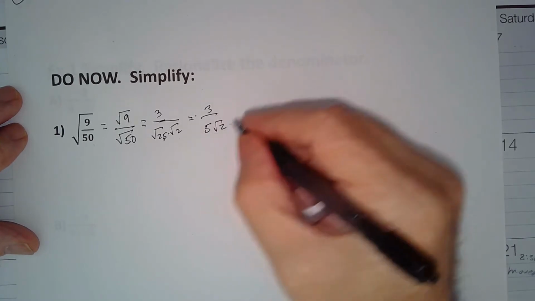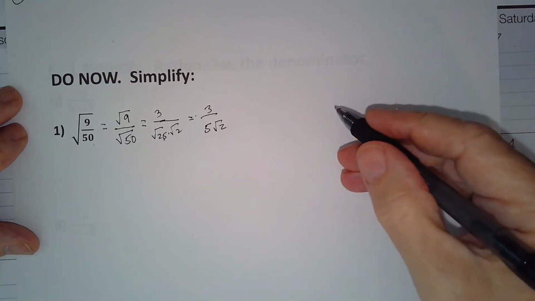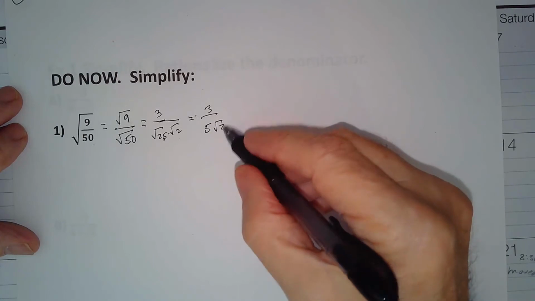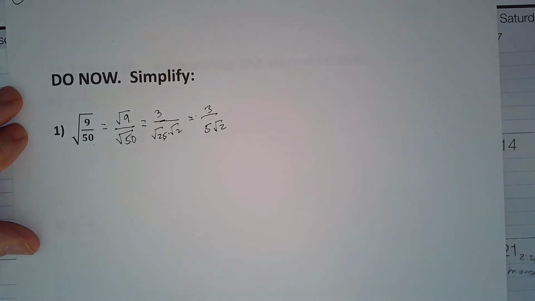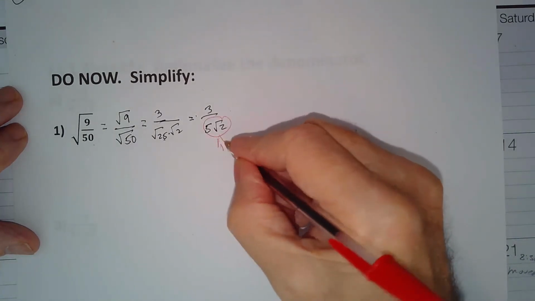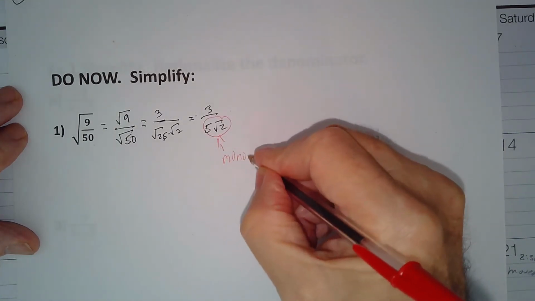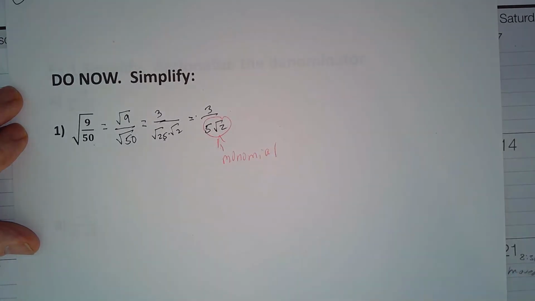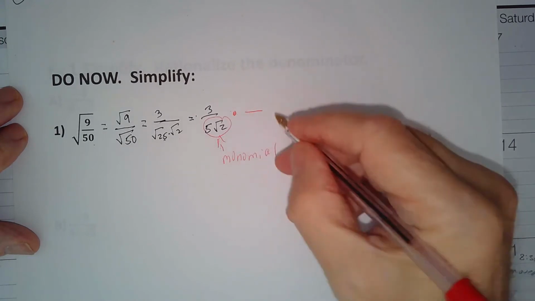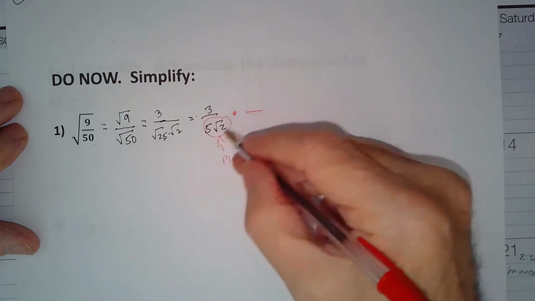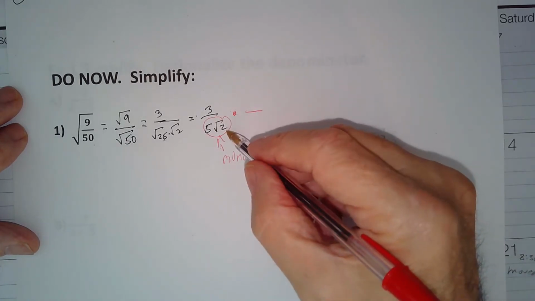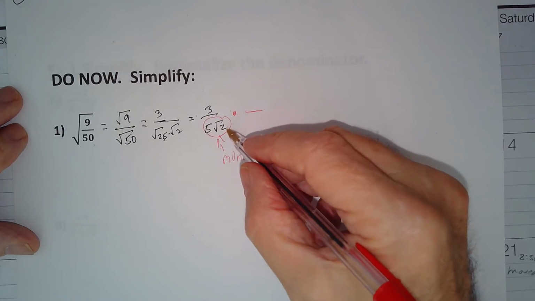This radical, square root of 2, is what we want to get rid of, so we want to rationalize. This is a monomial, and we can rationalize it simply by multiplying this fraction by a number that's equivalent to 1, where the numerator and denominator are the same as the radical in the denominator here.